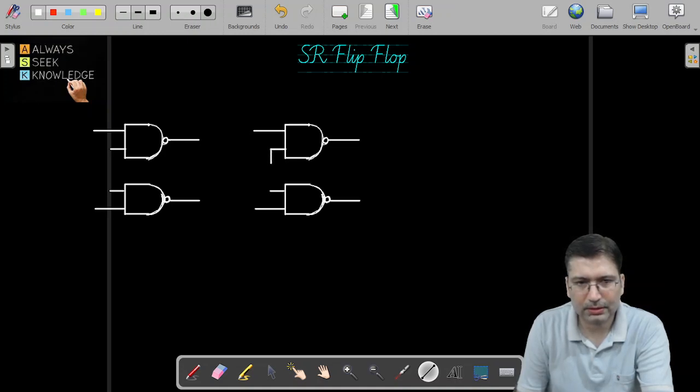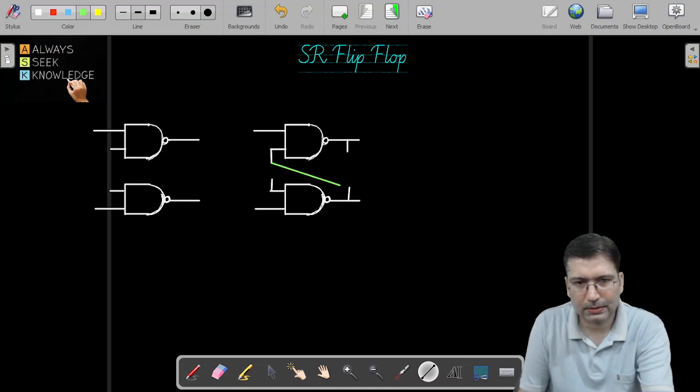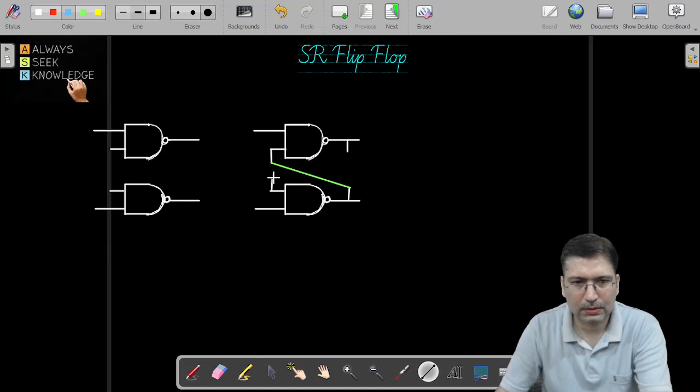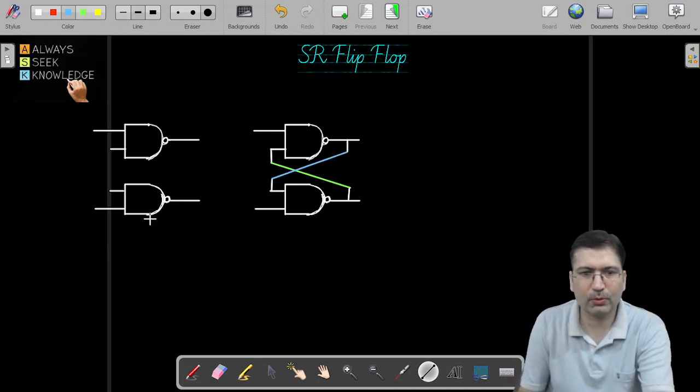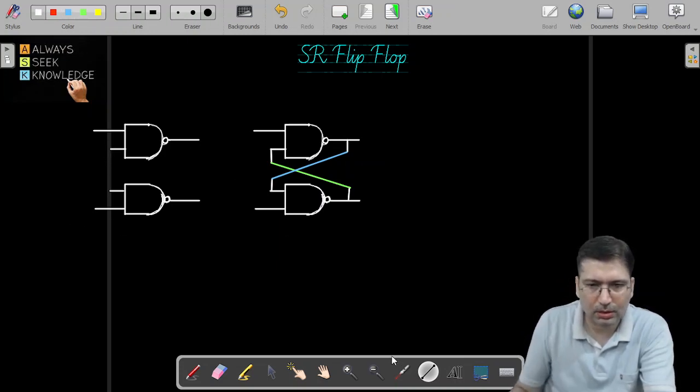So this input and this input, we are connecting to these outputs. Okay. So we can connect it like this, or this is connected like this. So you are already aware about this. The only difference which we are making here, we are passing a clock pulse.